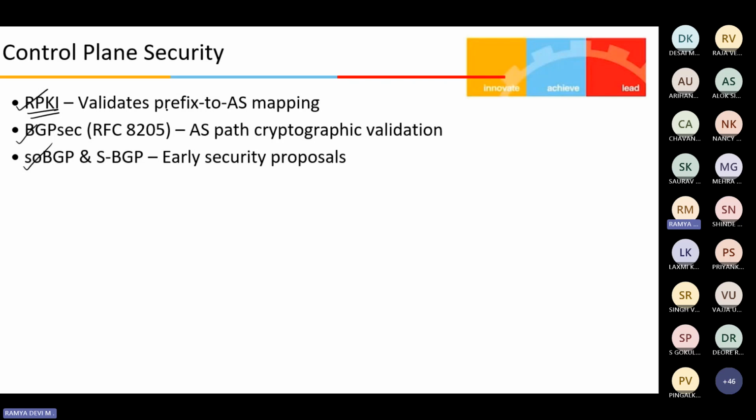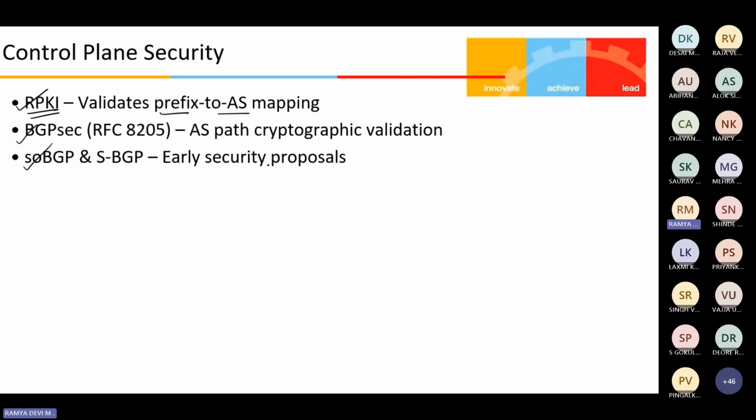This will be validating the prefix to autonomous system mapping. It will prevent unauthorized autonomous systems from originating the prefix. So it will try to reduce the radius of announcements.